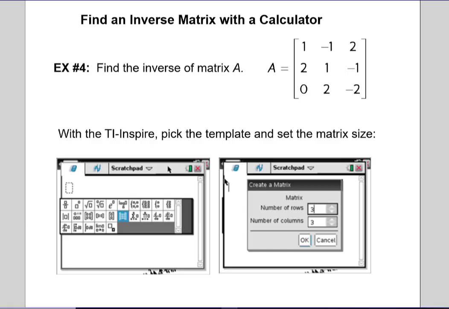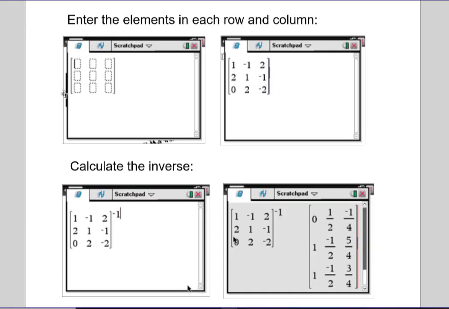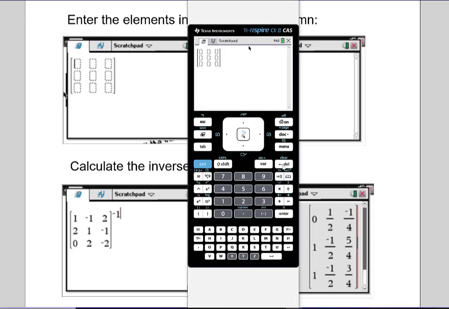So once you have that set up, then you're going to enter those numbers into each of the element boxes that you see pop up. And these were the elements. Now what I did is I just used the inverse key, but you can also have the calculator do it if you wanted to.